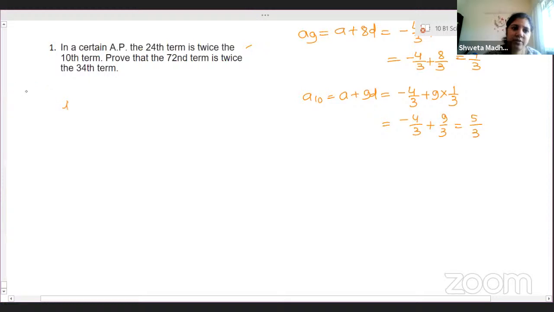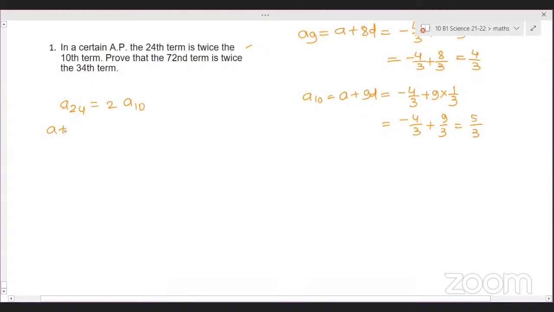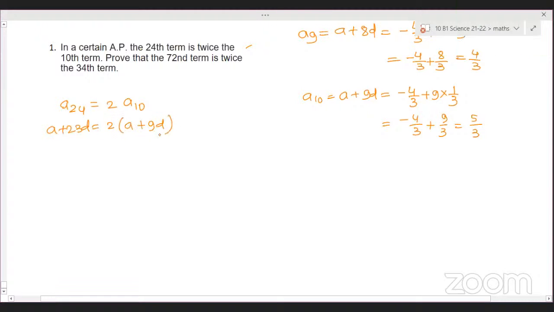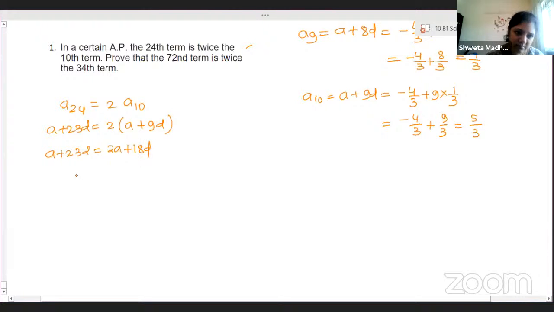They have given A24 is equal to 2 into A10. Then it is A plus 23D is equal to 2 into A plus 9D. So A plus 23D is equal to 2A plus 18D. A is equal to 5D.